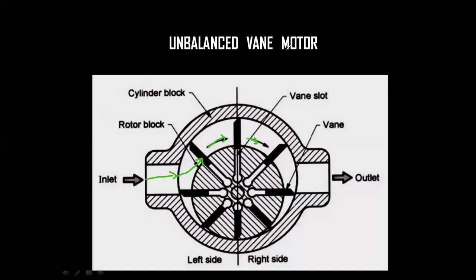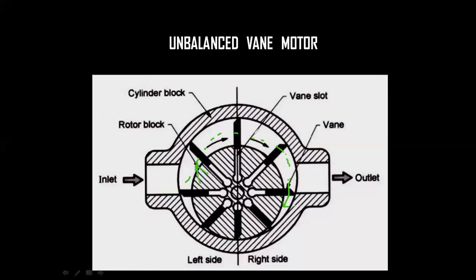You can see this space has more gap. So the liquid fills here first, and then it goes to this place. When it comes to this place, the rotor tends to move up.